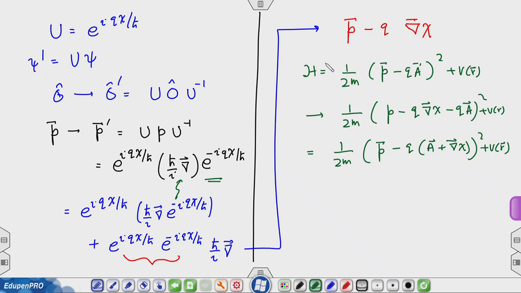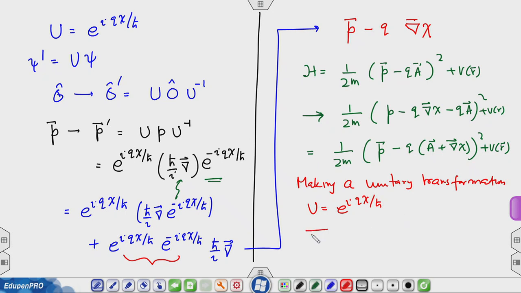This is H going to H prime, yes. So, what we see is that making a unitary transformation U equals e raised to i q chi over h cross is equivalent to taking A to A plus grad chi.